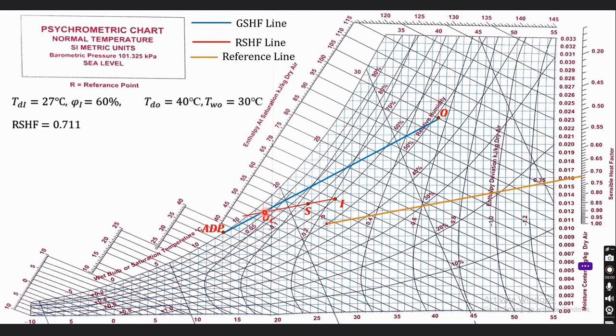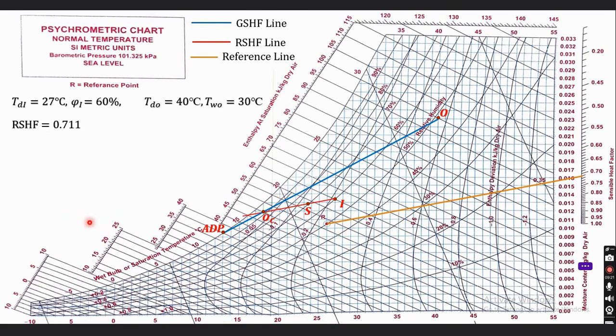Now if I extend this line up to the saturation line, the temperature corresponding to this point on the saturation line is nothing but the apparatus dew point temperature, that is the coil temperature. If I check the temperature here, it comes out to be near about 13 degrees Celsius.